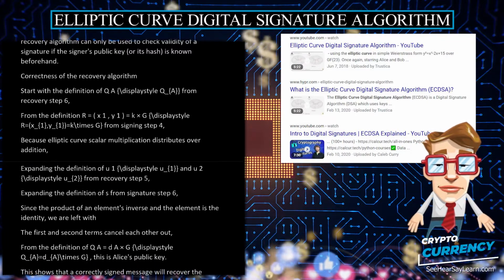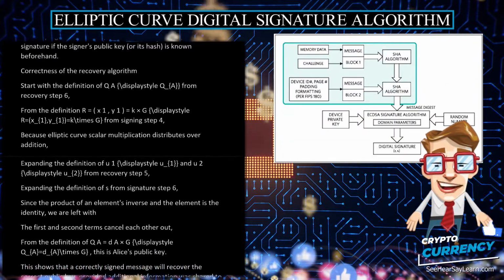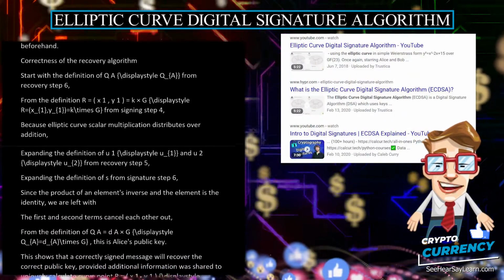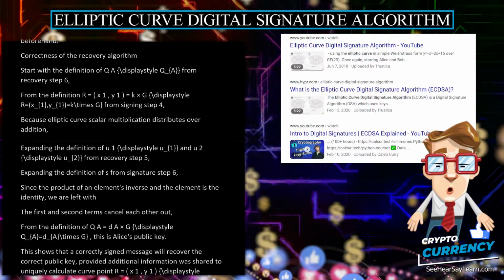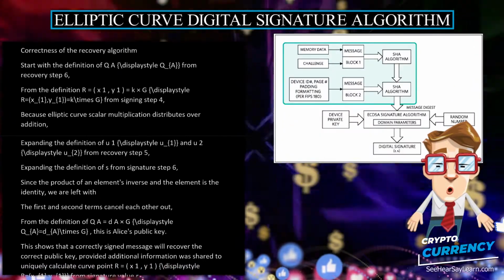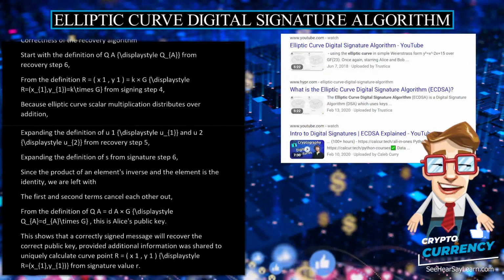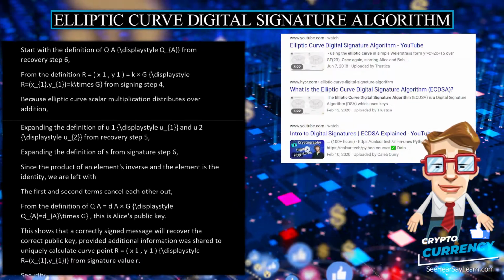Because elliptic curve scalar multiplication distributes over addition. Expanding the definition of u1 and u2 from recovery step 5, and expanding the definition of s from signature step 6.